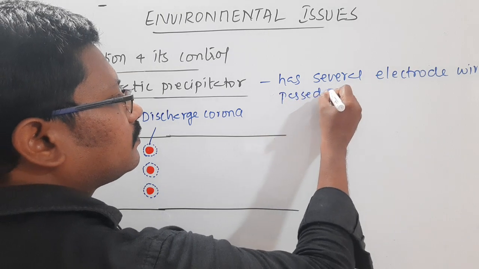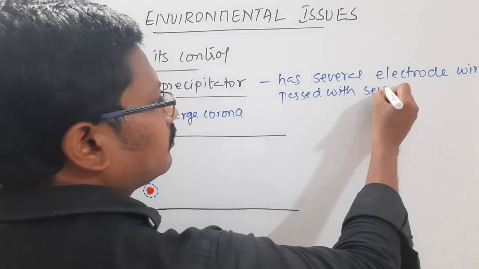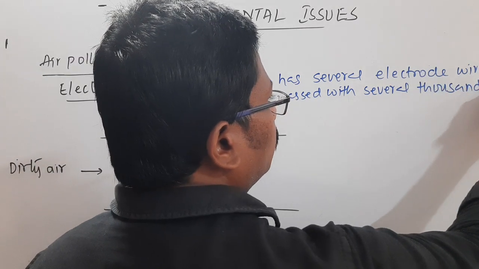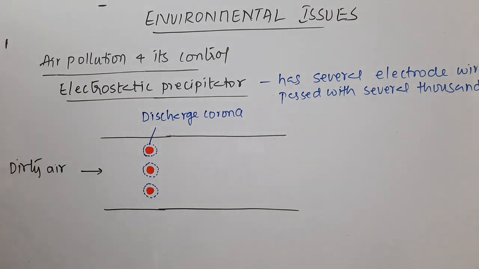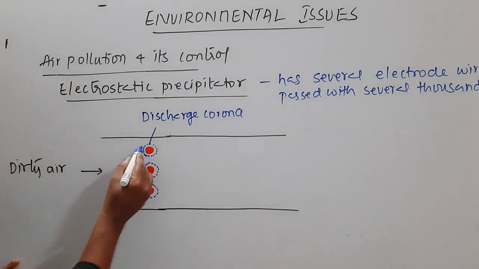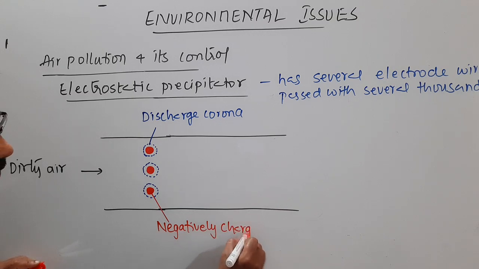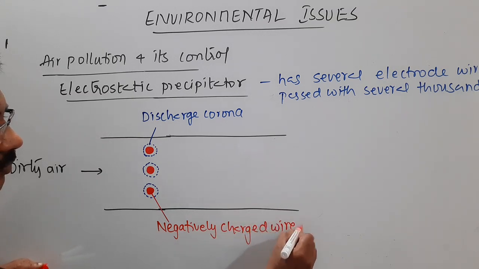So due to that high voltage, it creates a corona around each wire. It becomes a negatively charged wire, right?